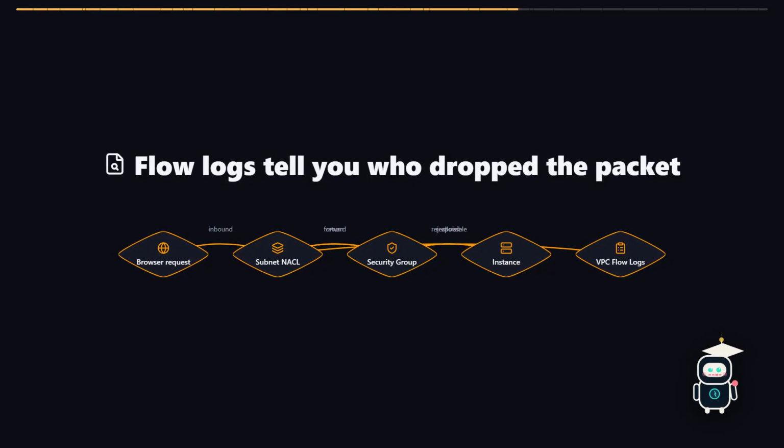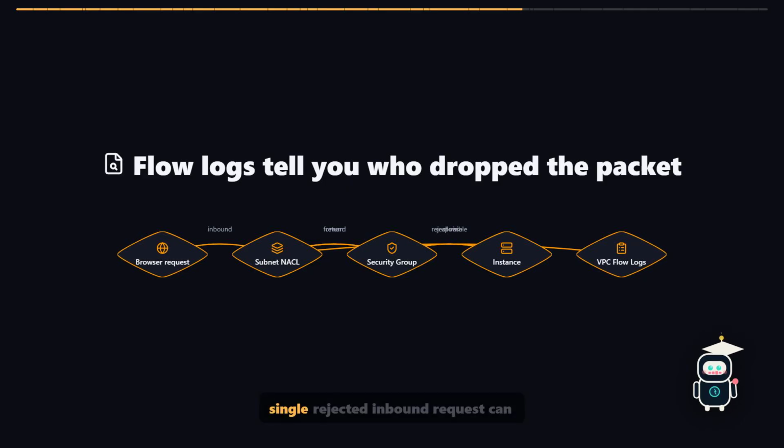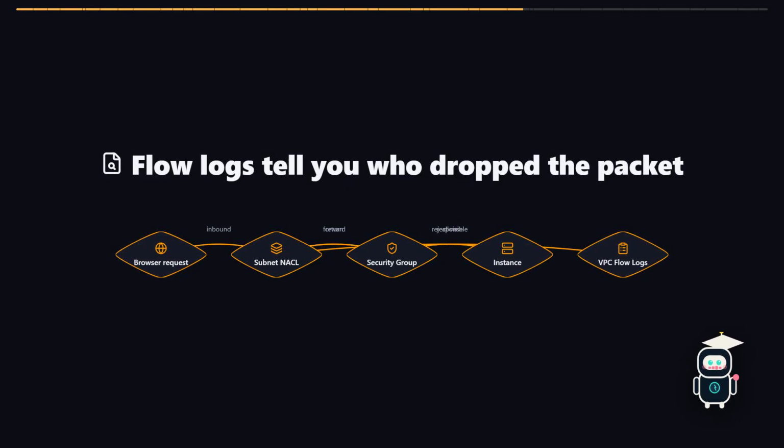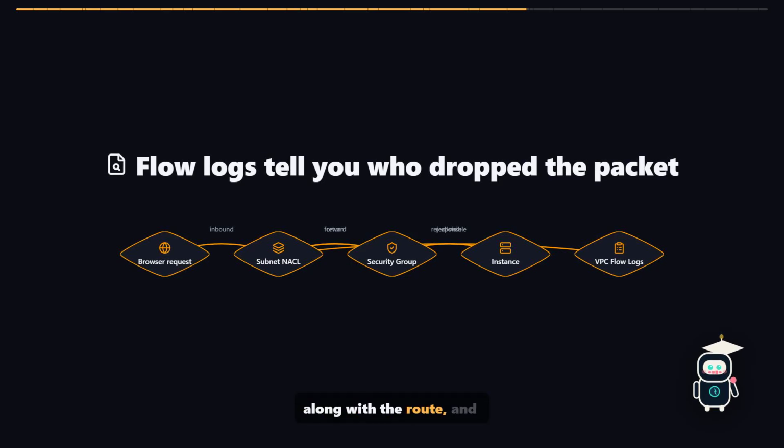Read the pattern. For example, an accepted inbound request followed by a rejected outbound reply points you toward the NACL return path. A single rejected inbound request can point toward the NACL or the security group on the target resource. Check both layers, along with the route, and use Reachability Analyzer when you need hop-by-hop evidence of the blocking component.